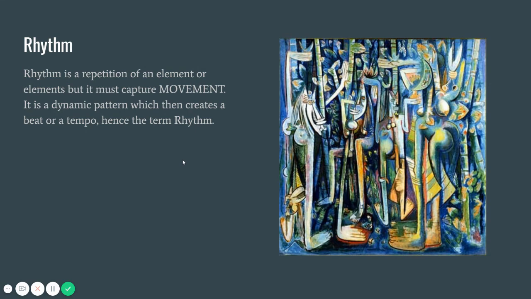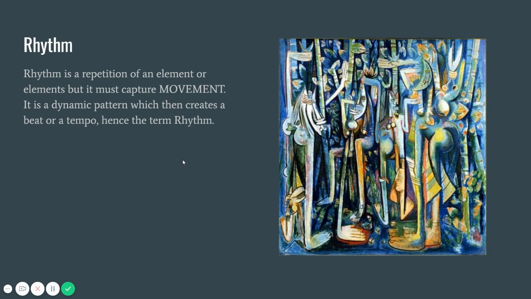And rhythm also doesn't have to be extremely predictable and accurate like pattern does, okay? The difference with rhythm is that it becomes a pattern that is dynamic. And because it's a pattern, so a repetition that is dynamic, what you start to feel as a viewer is almost a sense of beat or tempo.